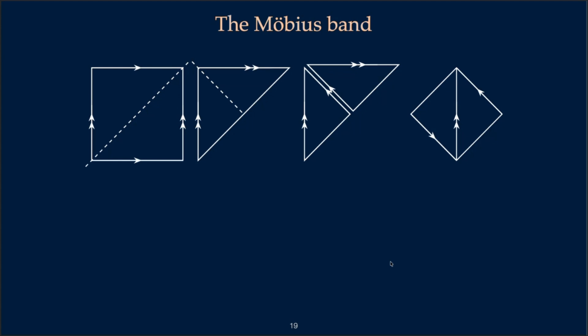So we get this diagonal, and then we get these two edges, which we then glue together. I appreciate if you haven't seen these arguments before, it might take a bit of time to digest, but this is how you get from a torus to a Möbius band. This is the consequence of removing that redundant information due to symmetry.